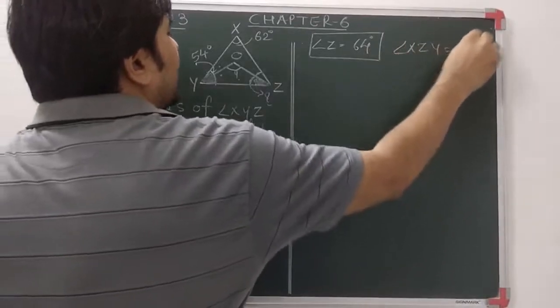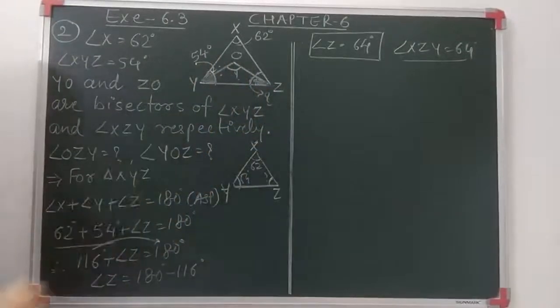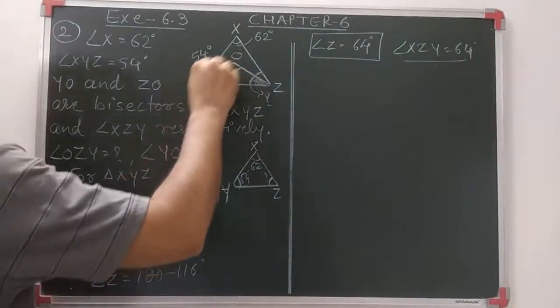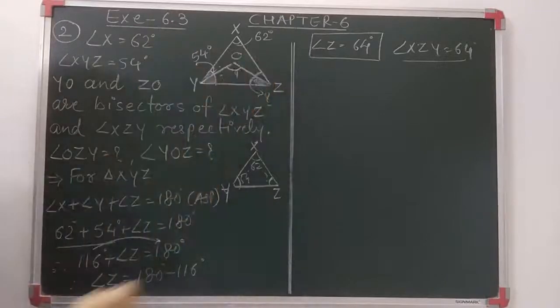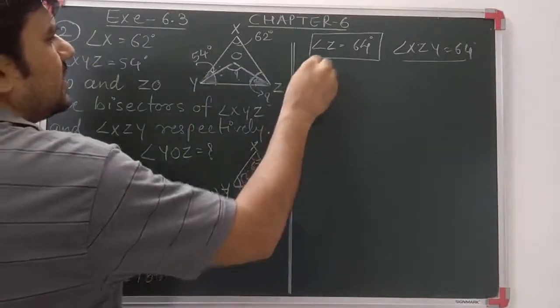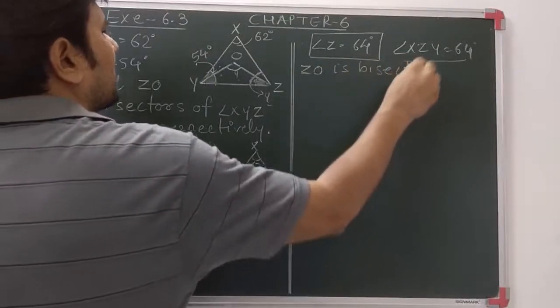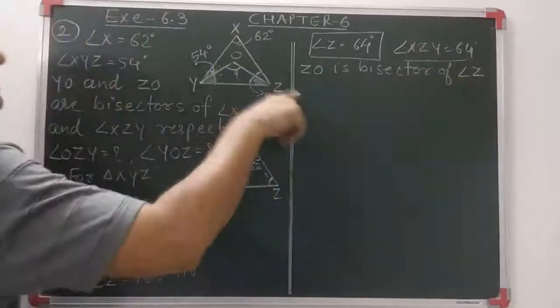Now let's come to the data given in the question, that YO and ZO are the bisectors. As they are bisectors, this YO divides this angle into two equal parts, as well as this. So let's note down here that ZO is the bisector of whole angle Z, or we can say XZY.